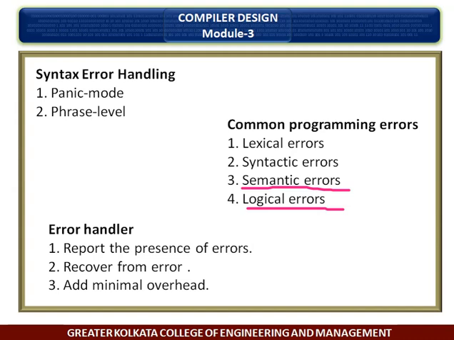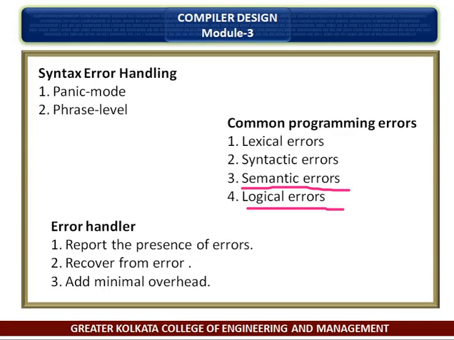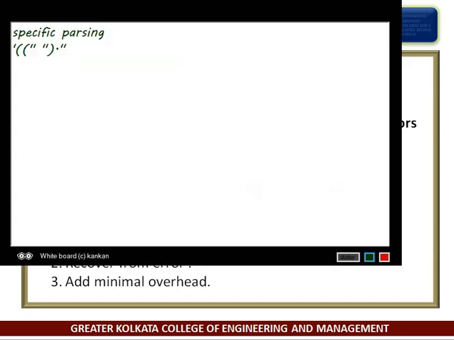It can be anything from incorrect reasoning on the part of the programmer to the use in a C program of the assignment operator equals instead of the comparison operator, double equals. In that case, the error will occur.